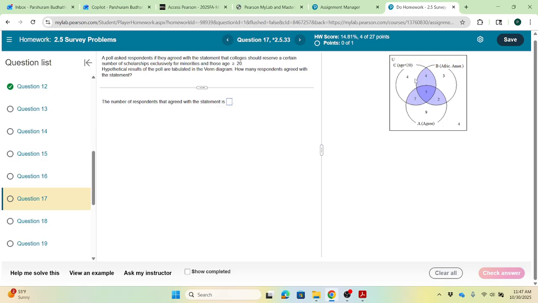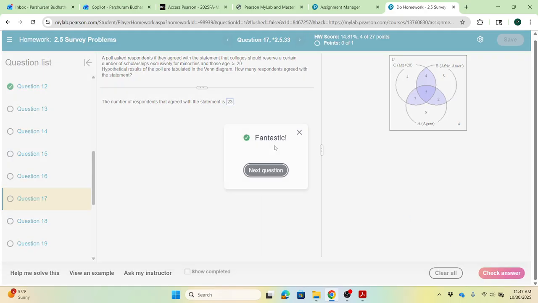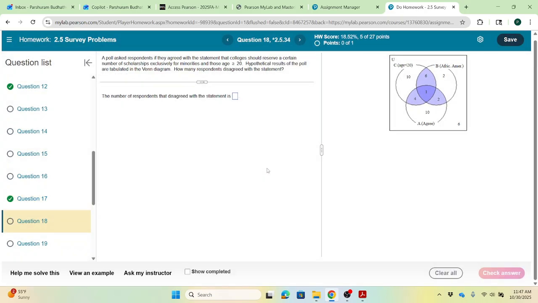Age less than 20 goes here. So based on this information, the number of respondents that agreed with the statement is agree comes here. 9 plus 2, 11 plus 5, 16 plus 7, 23. There are 23. They agreed on that poll.